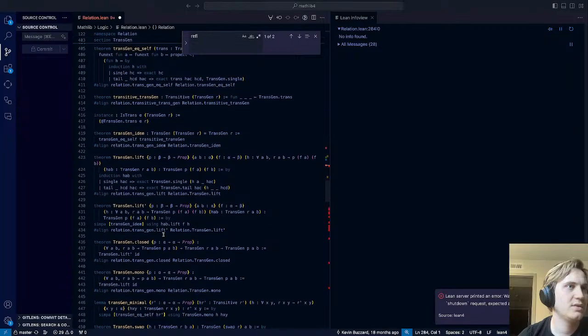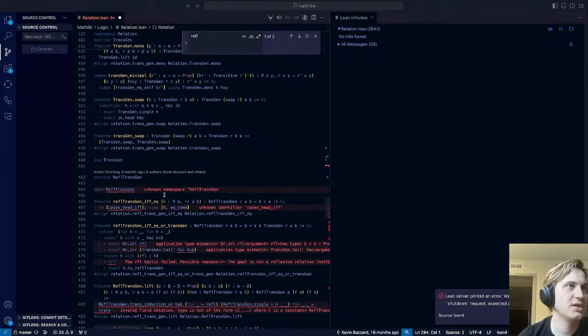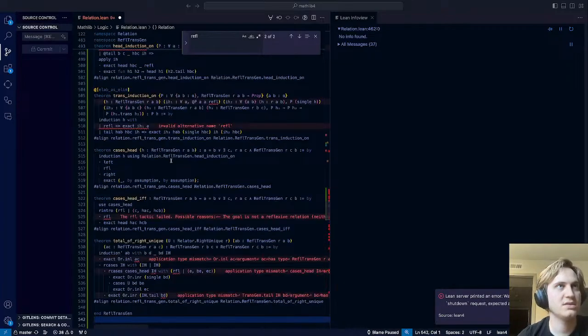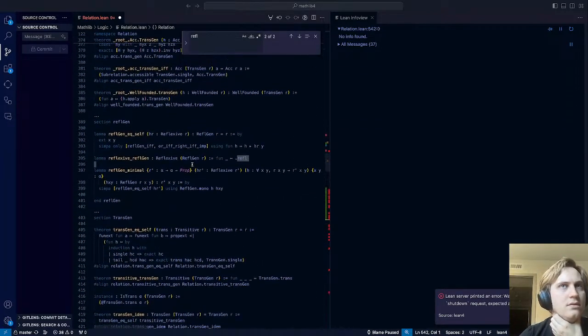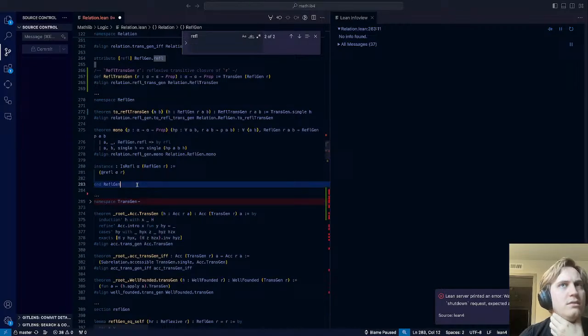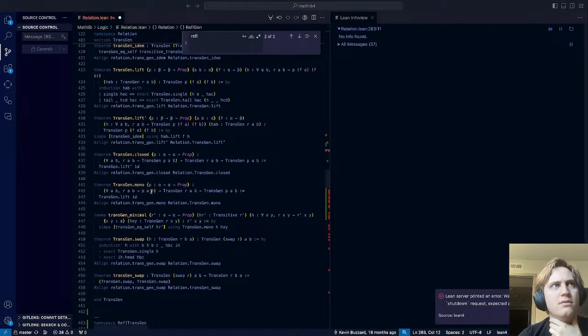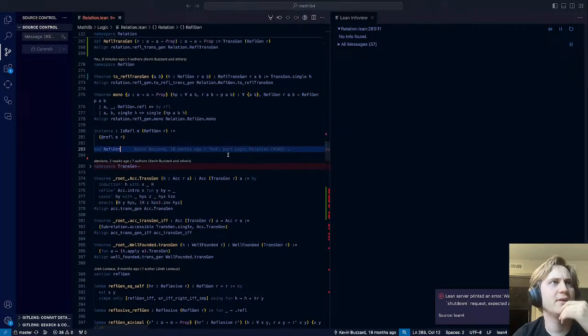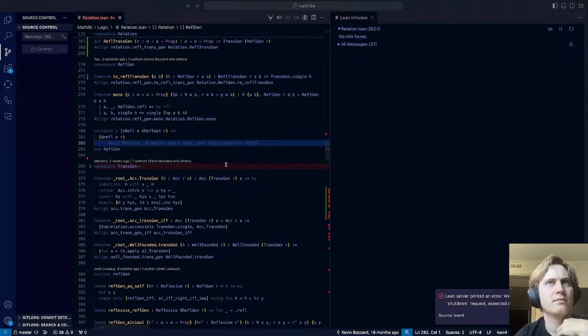Reflgen, transgen. We have a bunch of theorems about reflgen and transgen. And now we have yet another section on refltransgen here, which I will now paste. Yeah, so, experiencing errors. Save. Is there an error here somewhere that I'm not seeing?